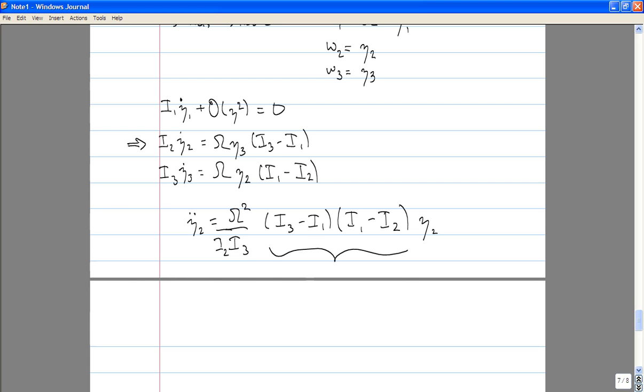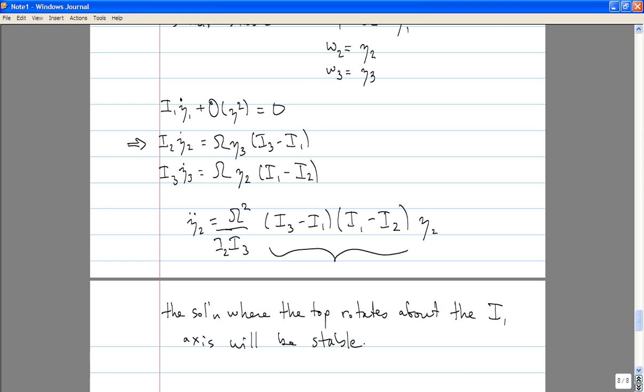So the solution where the top rotates about the I1 axis will be stable or unstable depending on the sign of I3 minus I1 times I1 minus I2.